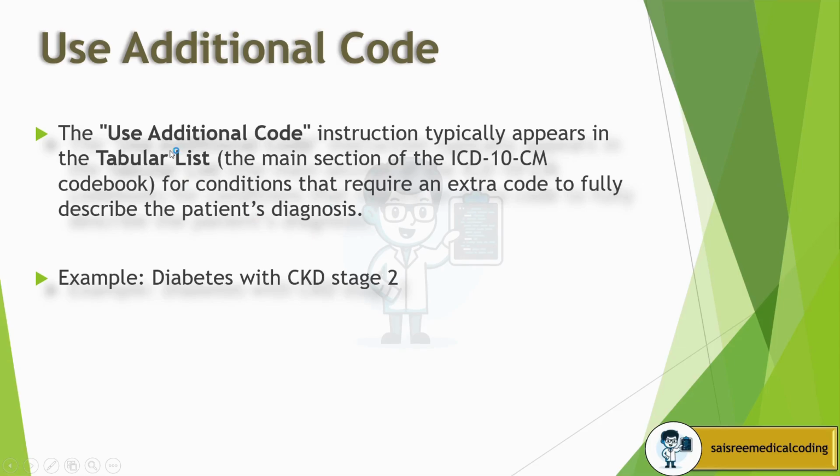What they are mentioning is that this "use additional code" will fully describe the patient's diagnosis, and you can find it only in the tabular list. I have given an example of DM, or diabetes, with CKD stage 2. I'll show how this particular combination gives the "use additional code" convention example. I'll be showing that.